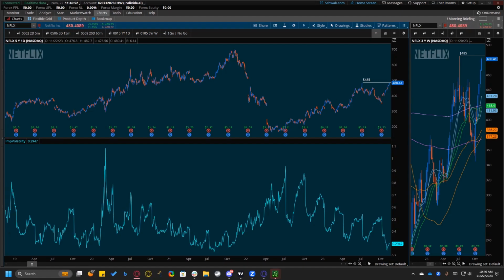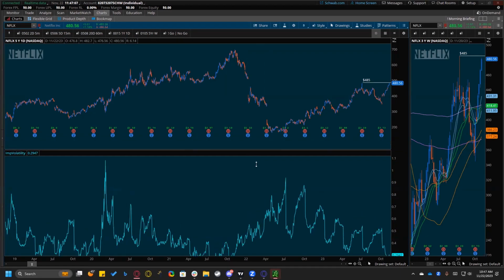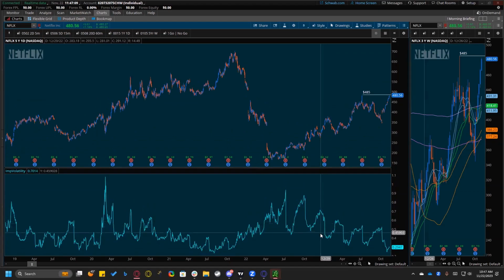Now, technically, this isn't looking at the options on Netflix, but most analysts, when they're talking about implied volatility, will show you a daily chart with the stock in the upper portion and the IV indicator in the lower portion, and they'll talk about the implied volatility.